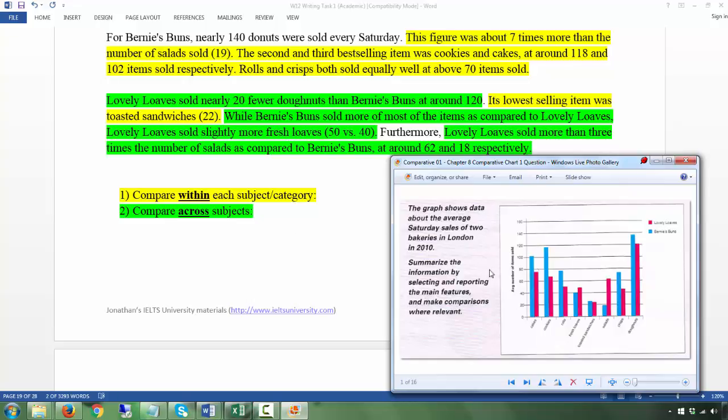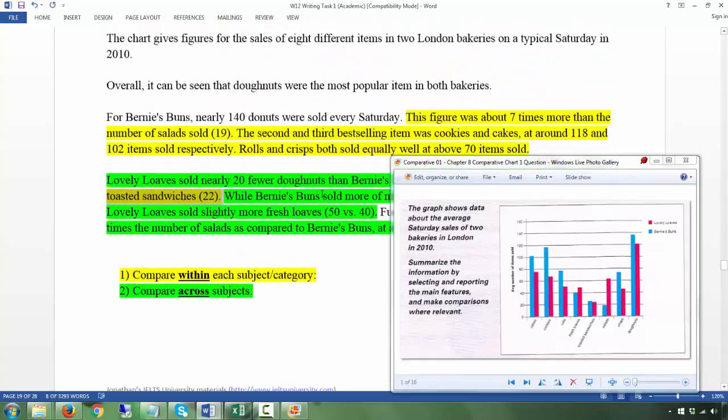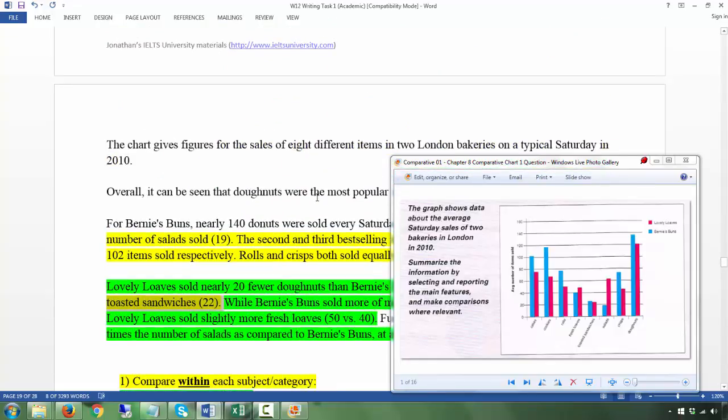So that's a huge difference here. We talked about the first, we talked about the last, salads. This was the last. Then we talked about the lowest selling item, the last. Then we compared across also.